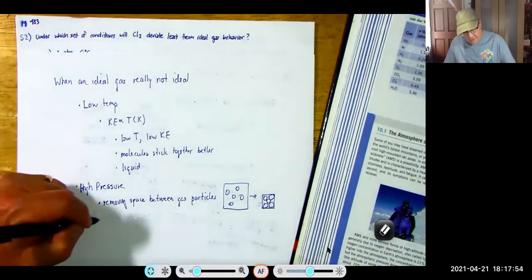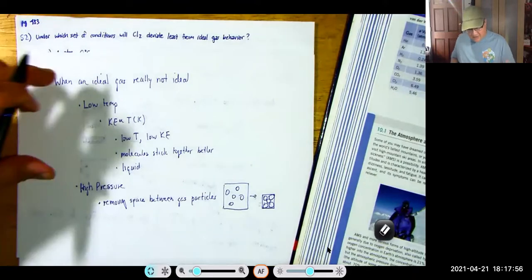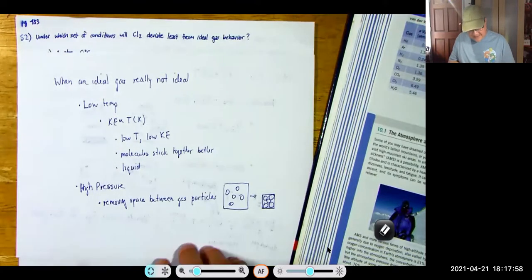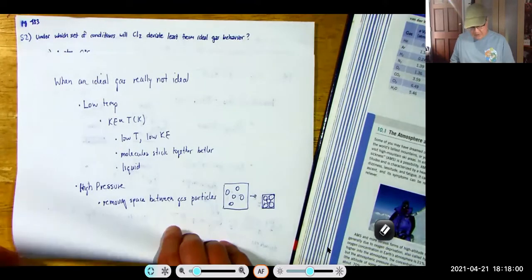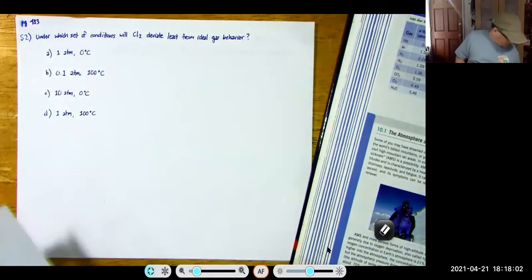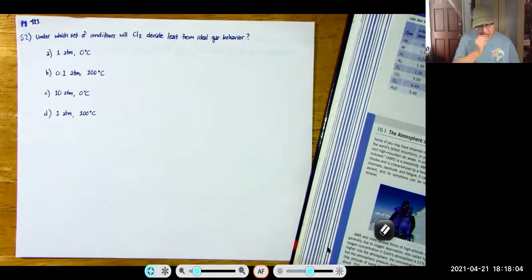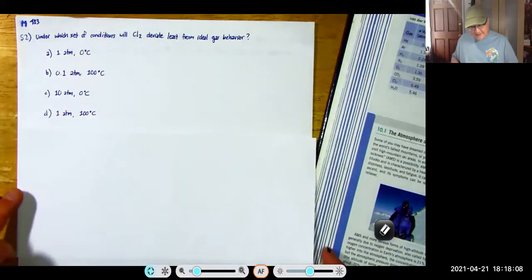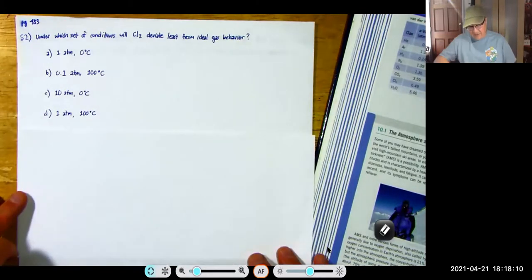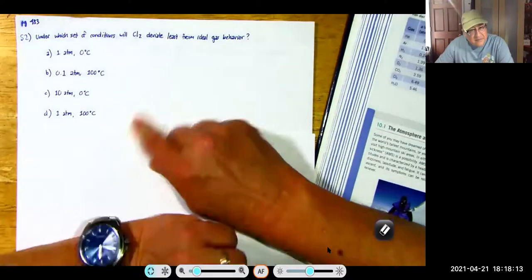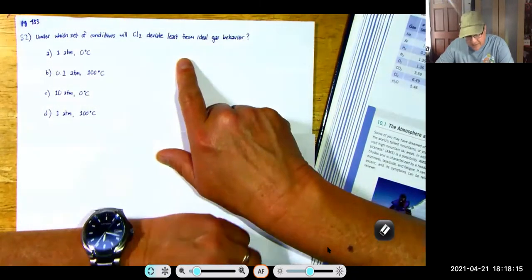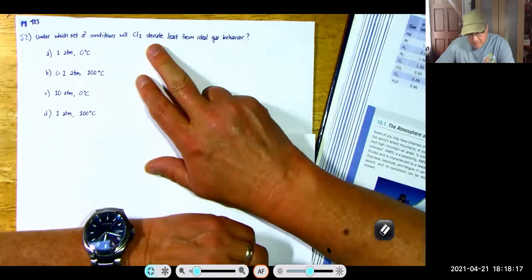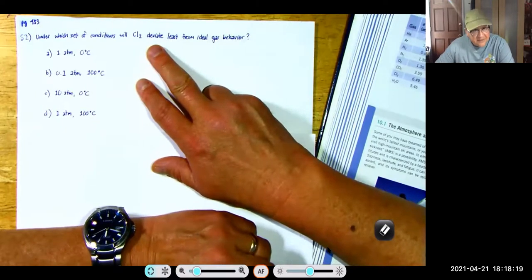Okay, so these are the 2 factors where an ideal gas is not really going to be that ideal: low temp and high pressure. So now that we know that, under which set of conditions will chlorine deviate least from ideal gas behavior? To me, that means be most ideal, right?